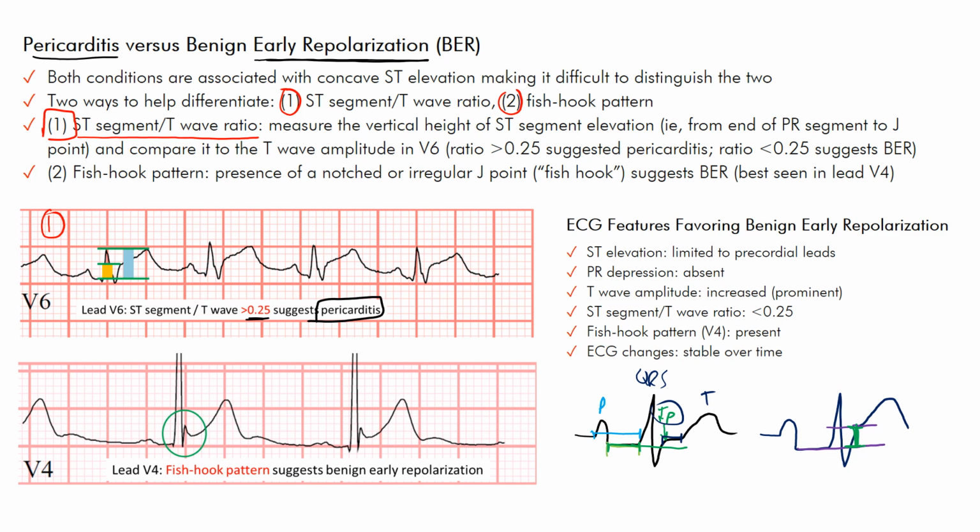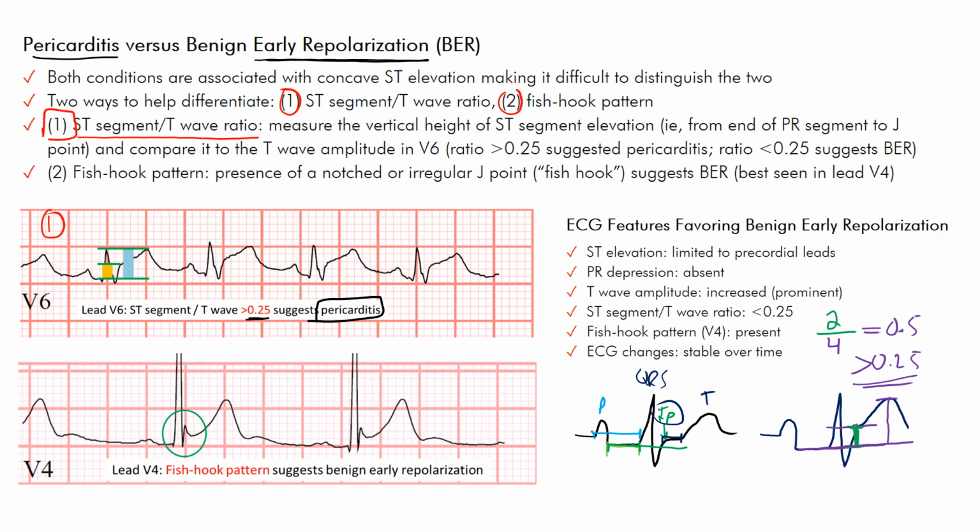Let's say that is about 2, so imagine that's 2 small boxes, so we'll put it on the top, and then you want to measure the height of the baseline to the top of our T wave amplitude up here, and imagine that's another 2, so let's call the bottom number 4. As you can imagine, 2 over 4 is 0.5 or 1/2, and that is clearly greater than 0.25, and these findings suggest pericarditis.